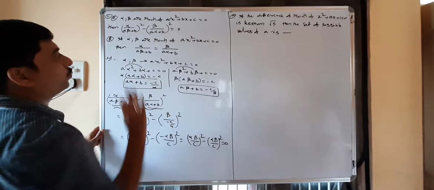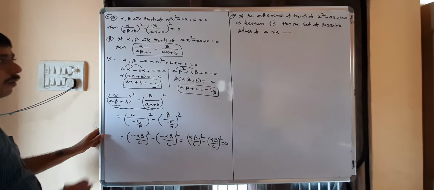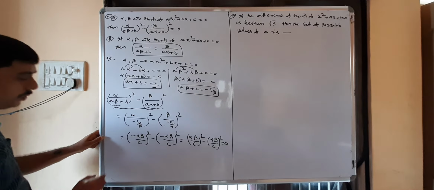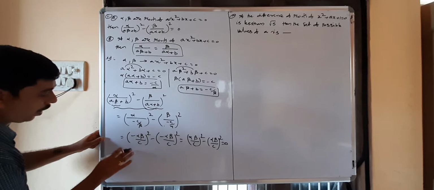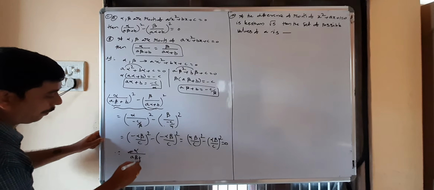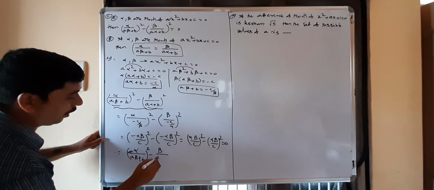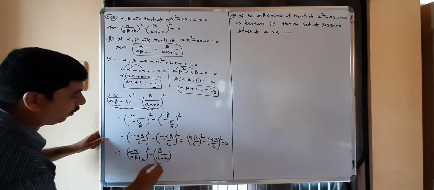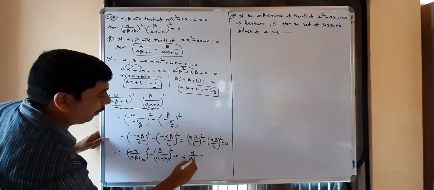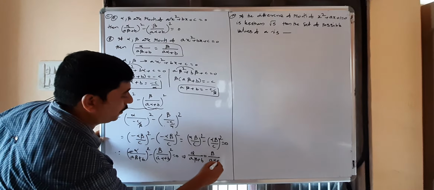So A is true. Now the second part, the reason given: alpha by a beta plus b equal to beta by a alpha plus b. Since alpha by (a beta plus b) whole square minus beta by (a alpha plus b) whole square equal to 0, it means alpha by a beta plus b equal to beta by a alpha plus b.